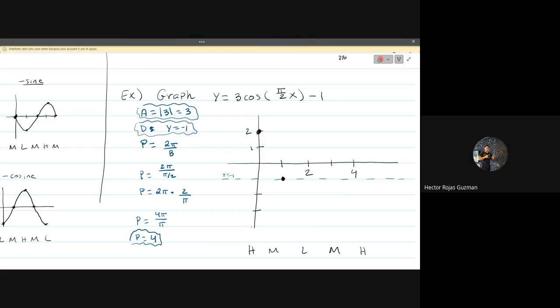So my third point is low. My next point is middle. And my last point is high. So high, middle, low, middle, high. And just curve it. That's your graph for cosine.